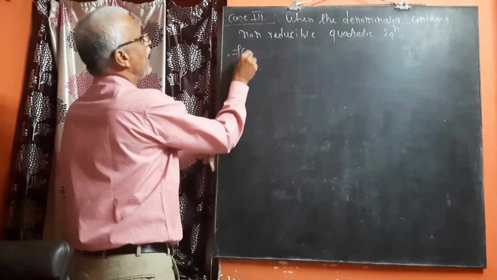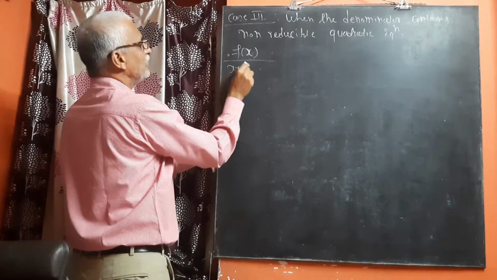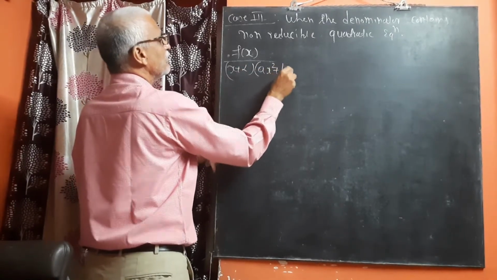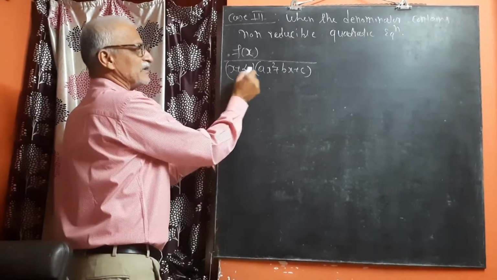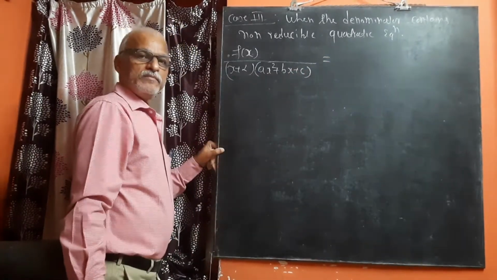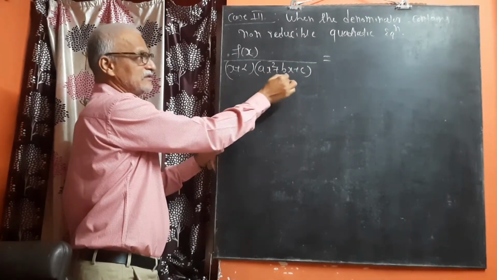Let us consider the standard case. There is f of x divided by x plus alpha into ax square plus bx plus c. So again, since there is a linear factor and a quadratic factor, this is the linear, and this is the quadratic equation.